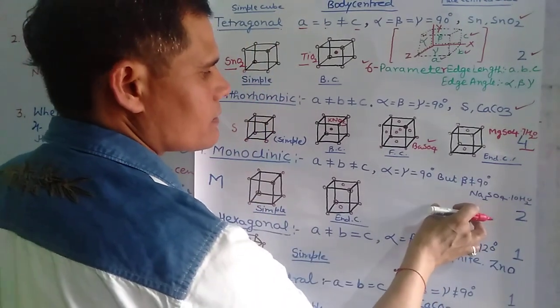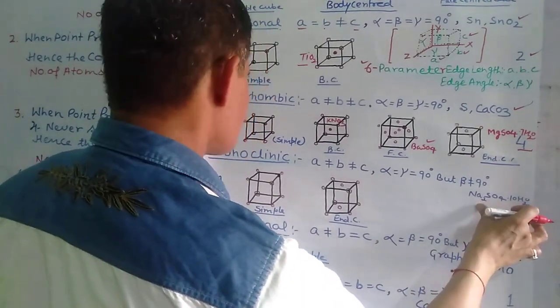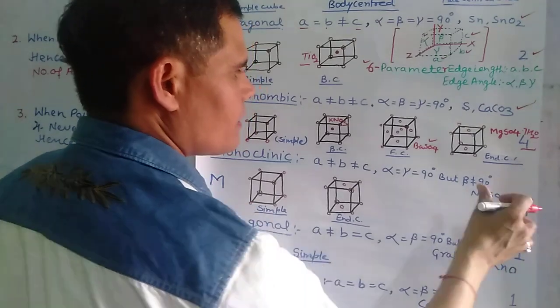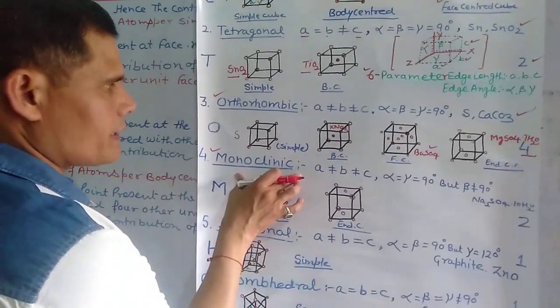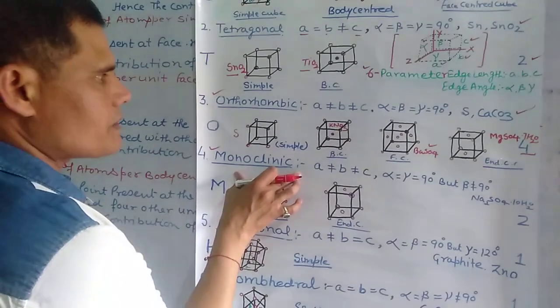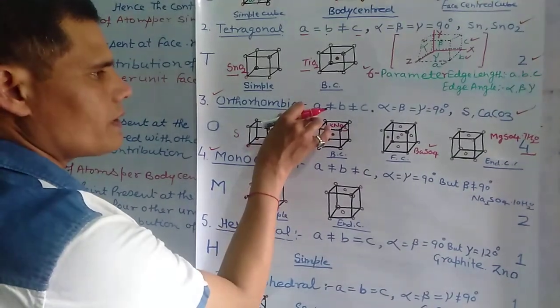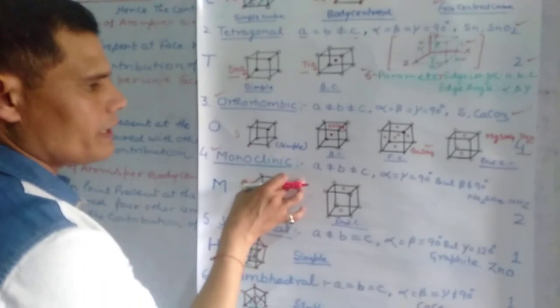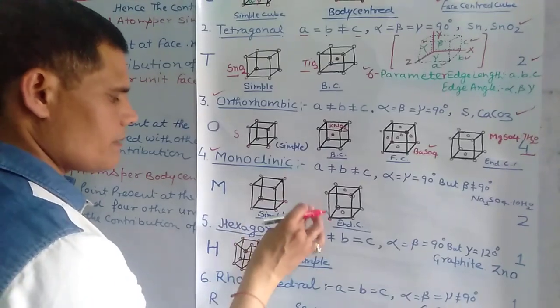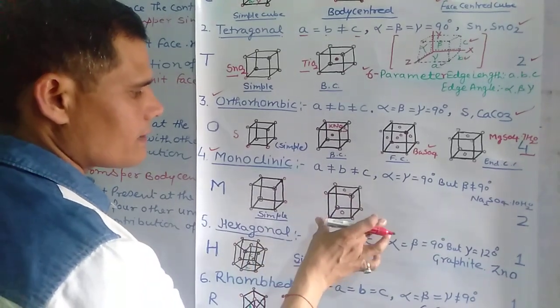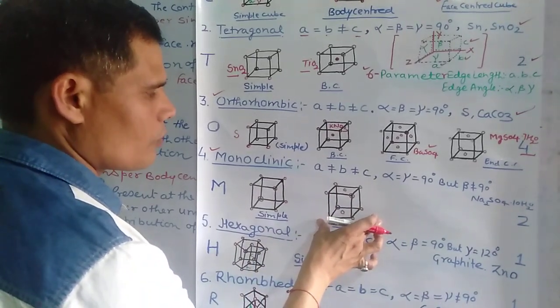The example is sodium sulfate. Sulfur is also an example of monoclinic. Sulfur comes in orthorhombic sulfur and monoclinic sulfur. Monoclinic is also simple monoclinic and end centered monoclinic.